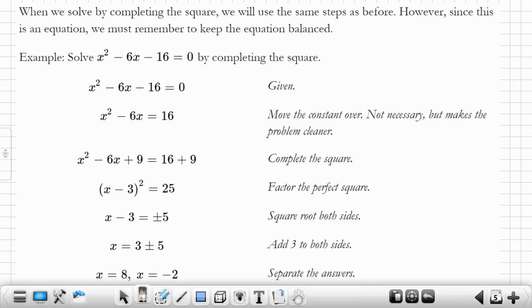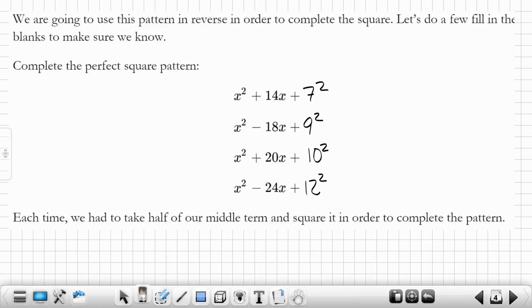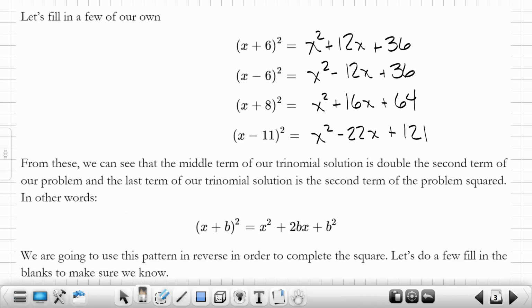So we can solve by completing the square. Going back to the previous page, we are going to take something that looks like the right side and turn it into something that looks like the left side.